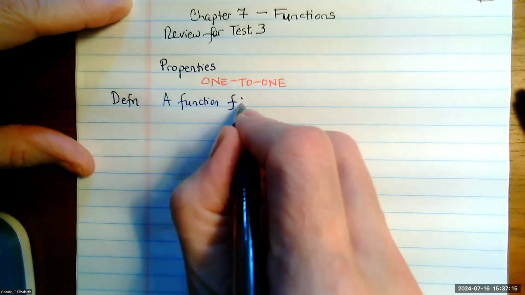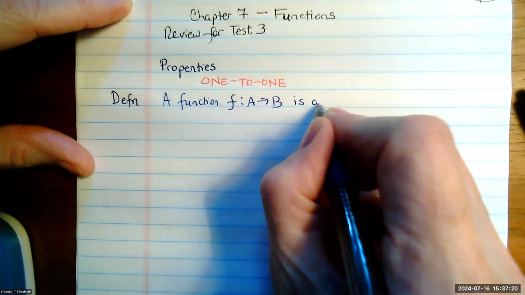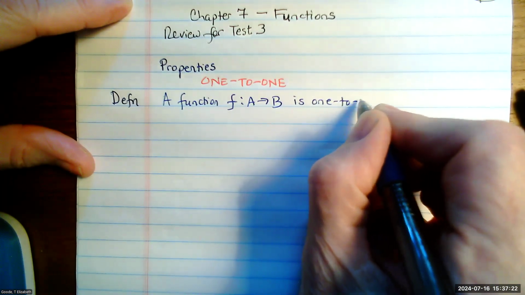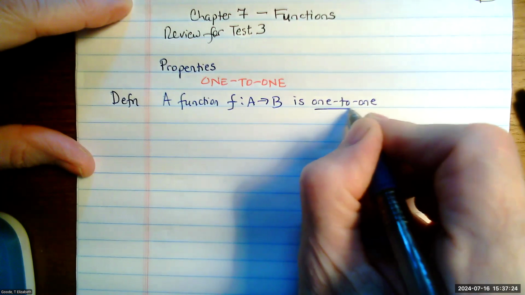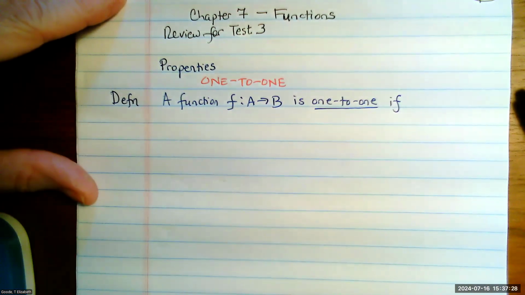A function f from A to B is 1-to-1 if, now, can you tell me the rest of that definition?